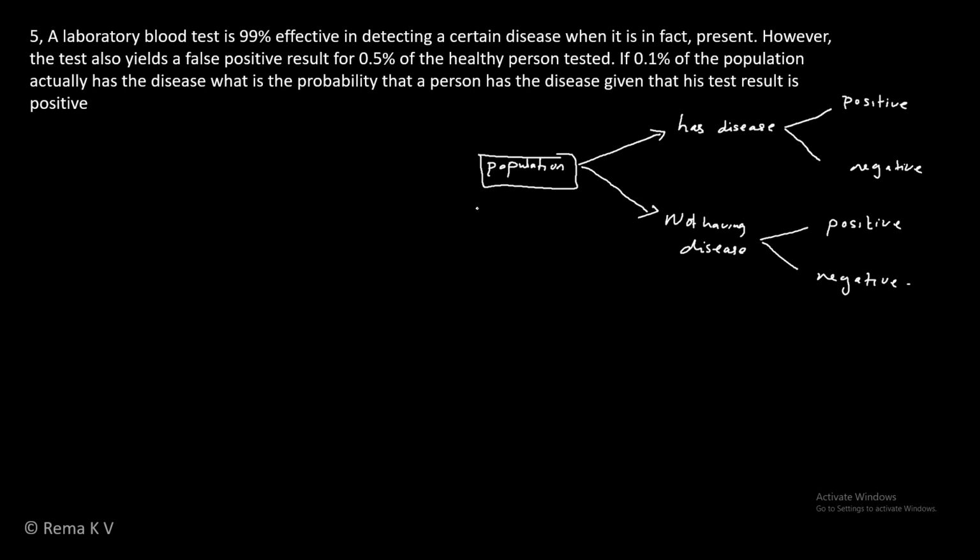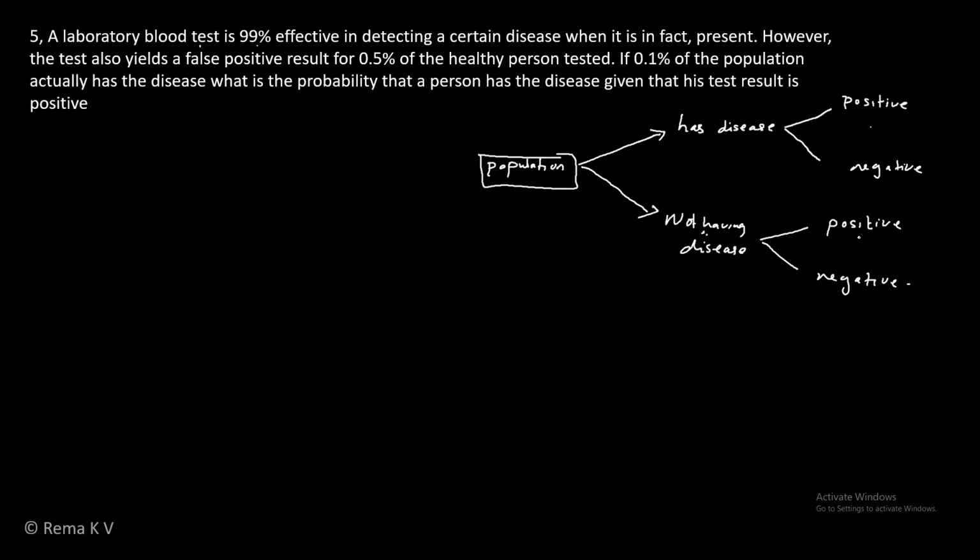When we consider a population, some people have the disease and the remaining are not having the disease. And when a laboratory blood test is done for them, the test result may be positive here or negative.